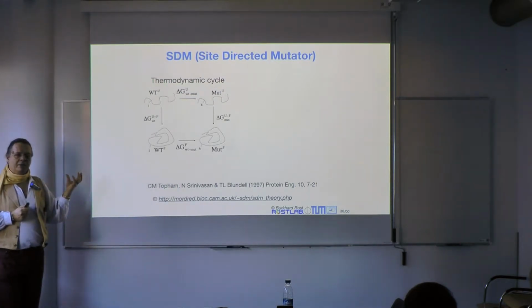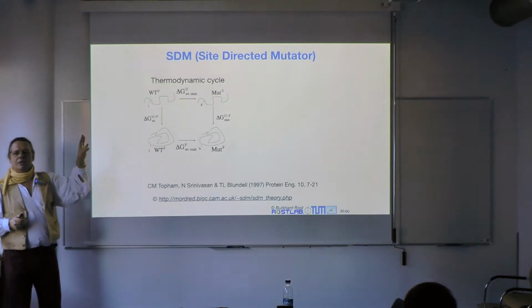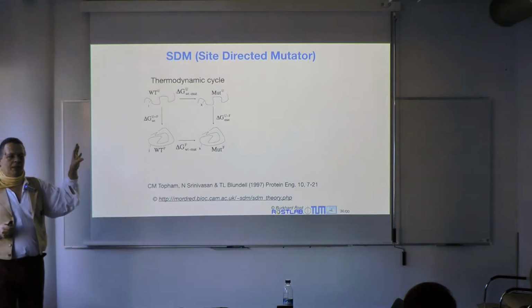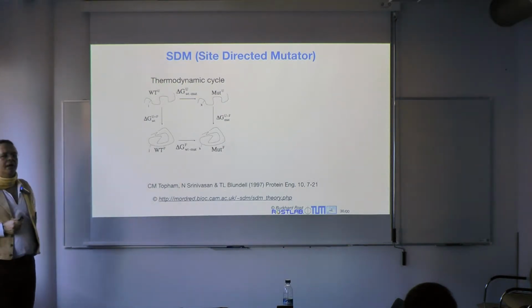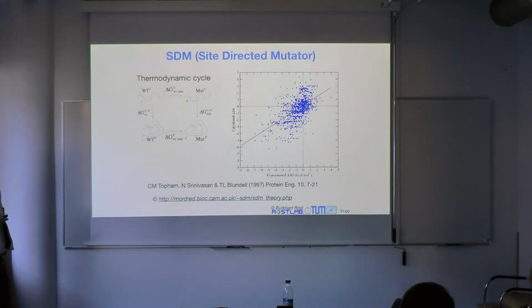Some of that is visible in Blossom, some of it is not. How much of it is visible in Blossom has to do with the local environment, for which you can somehow compile average potential energy functions. And that is essentially what SDM does. And doing that, it can fit scales in which it predicts the change of binding through variants.